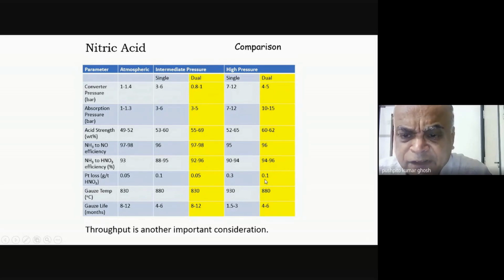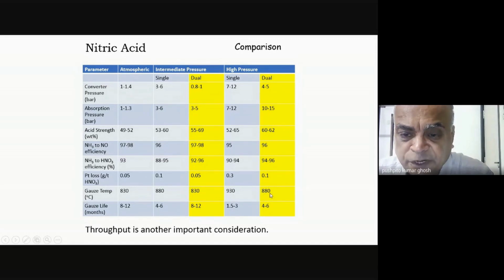Also, the catalyst loss has been found to be less, the platinum loss in the dual process. The very high pressures under which you would do it in the other case actually lead to a higher loss of platinum, whereas in this particular case, the platinum loss is less. Probably because the reaction temperature over here is lower.